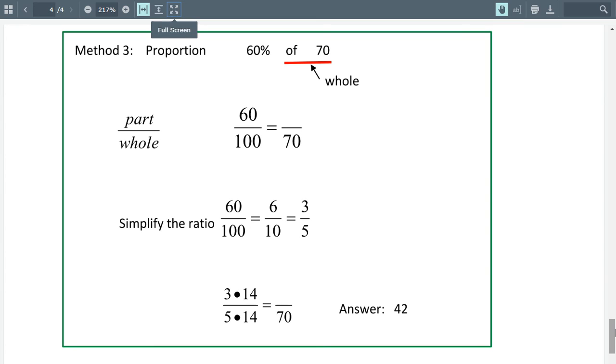Now, once I change it to 3/5, I realize 5 times 14 equals 70. You could divide 70 by 5, and you know it's 14. So 5 times 14 is 70. So 3 times 14 equals what? 42. That means 42 out of 70 equals 60%.